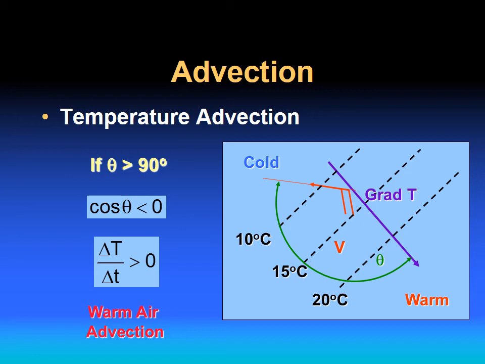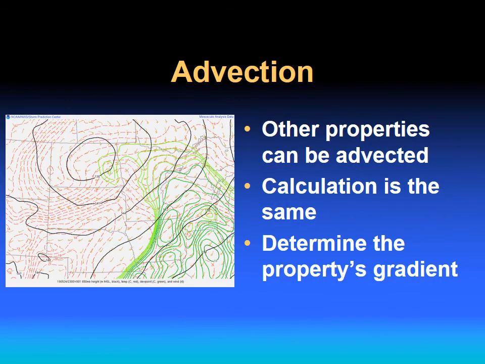And remember that the right-hand side had a minus sign in that equation. So a minus times a minus is a plus. That means the left-hand side of that equation, which is the change in temperature with time, that'll be plus also, meaning that temperature is increasing at a given location, local. And that makes sense. If the wind's coming out of the south, temperature should increase with time.